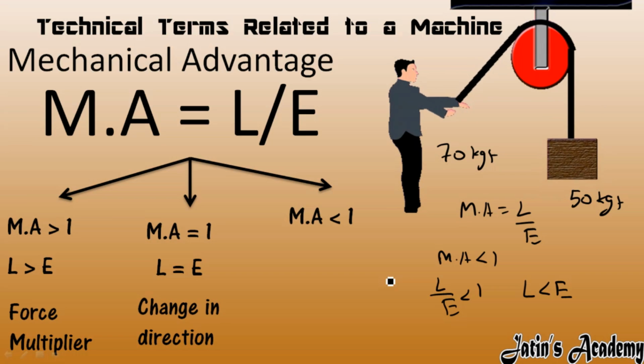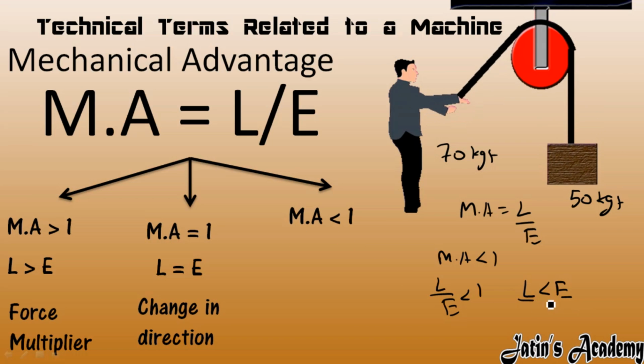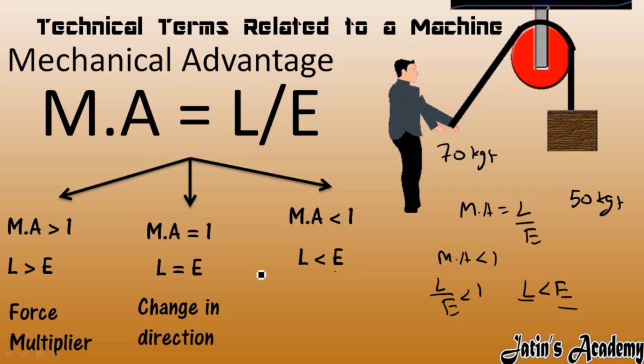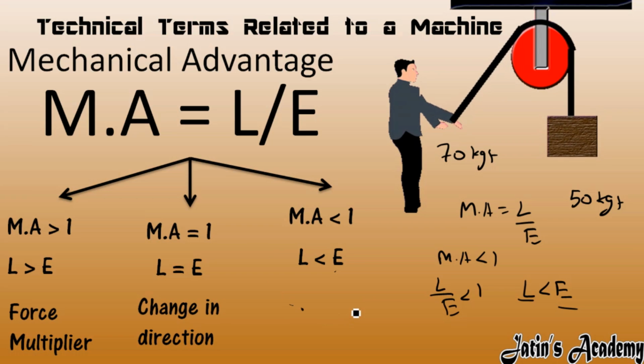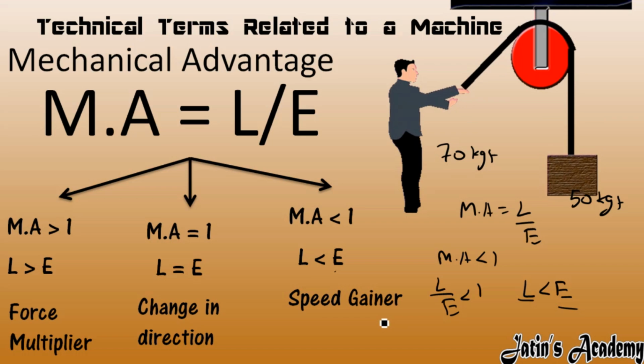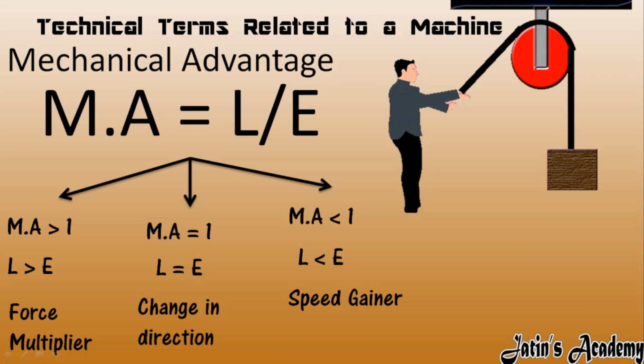So when mechanical advantage is less than 1, you are applying more effort and you are able to lift a smaller load, but that machine acts as a speed gainer. It quickly moves the load with a higher speed than the speed of your hand. Clear?